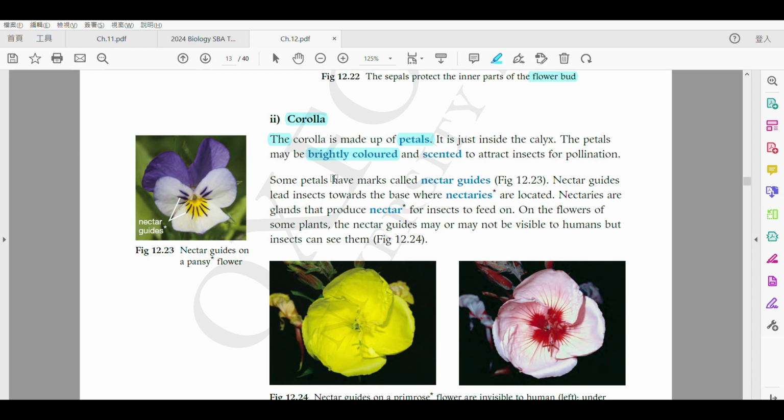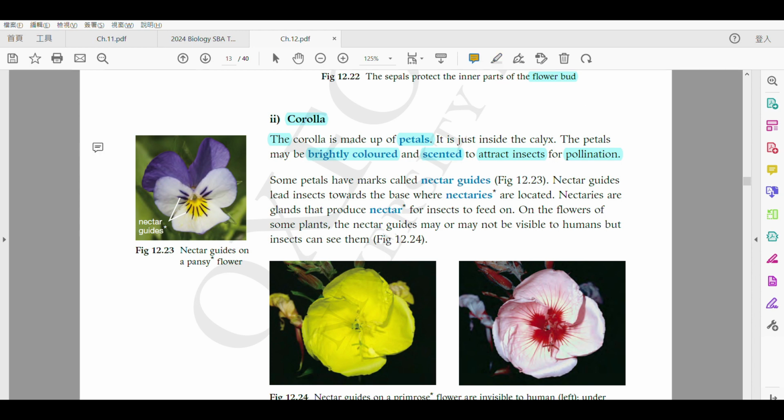Besides being brightly coloured, they are also scented. Why? Because they have to attract insects for pollination.